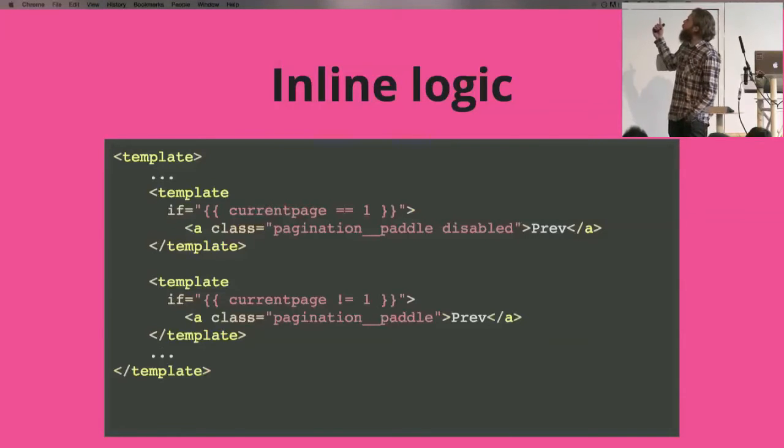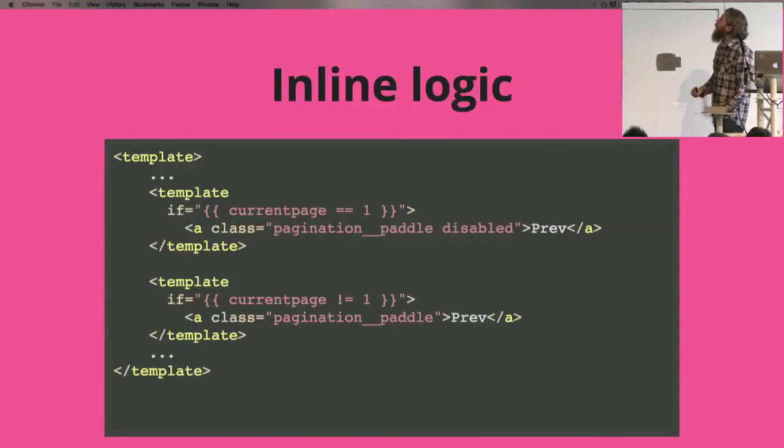So if the current page is 1, so it's the first page, include the disabled class because there's not going to be a previous one. Unfortunately, Polymer doesn't have an else clause, which is really annoying. I'm sure there's reasons. So what we've had to do is do another if statement that says if it's not equal to 1, just include the normal paddle. So that template block will only show up if that if statement is true, and same with the second one.